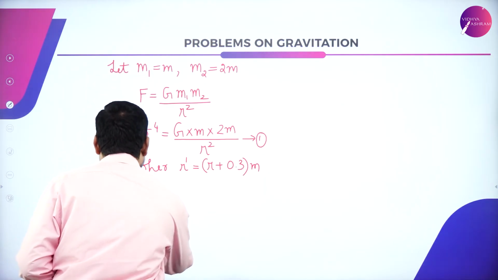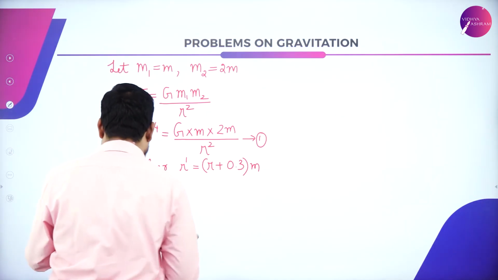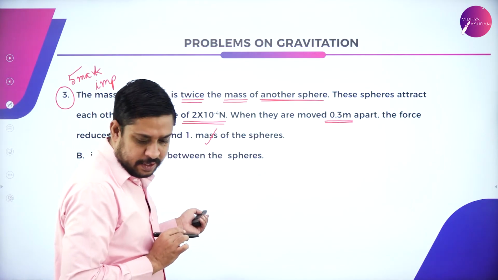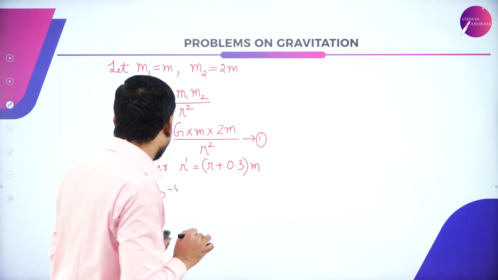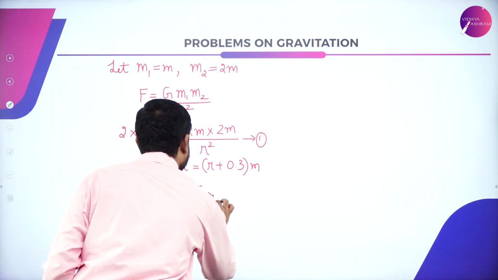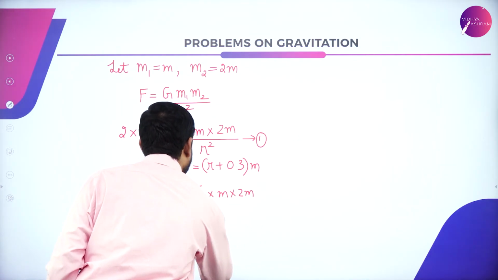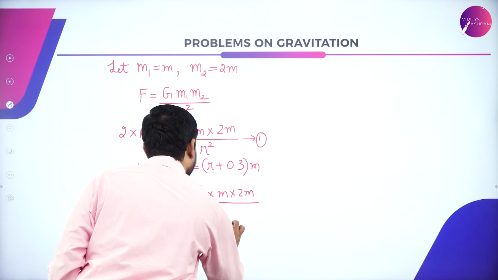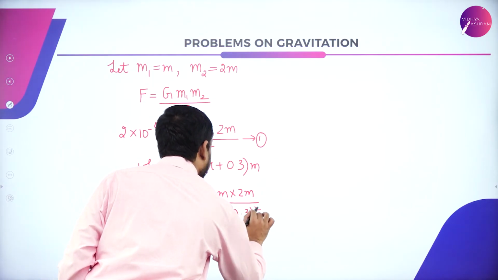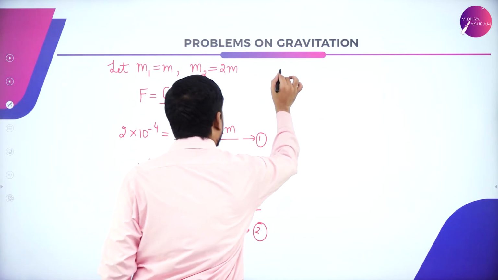So now it is 5 into 10 power minus 5, G into M into 2M by R plus 0.3 whole square, and I call this equation 2.